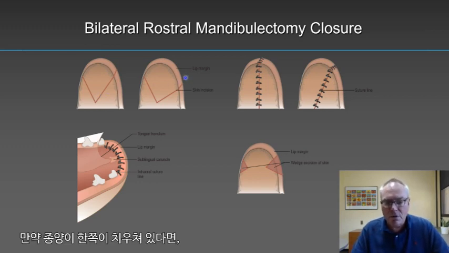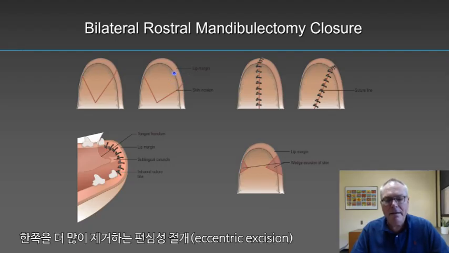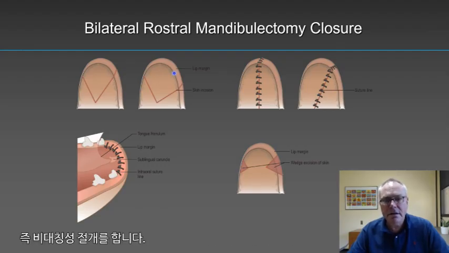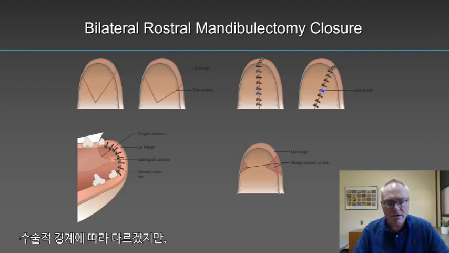If the tumor is located more towards the side, we can make an eccentric excision, in other words, an asymmetrical excision, removing more skin from the one side than from the other. And here we see the two corresponding suture lines.